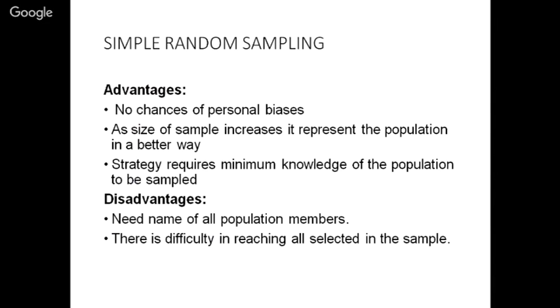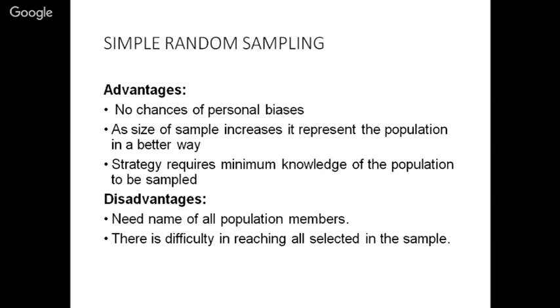So I will choose the simple random technique to estimate the characteristics of that population. When the population size is not too large and the population characteristics are homogeneous, the simple random technique is used.